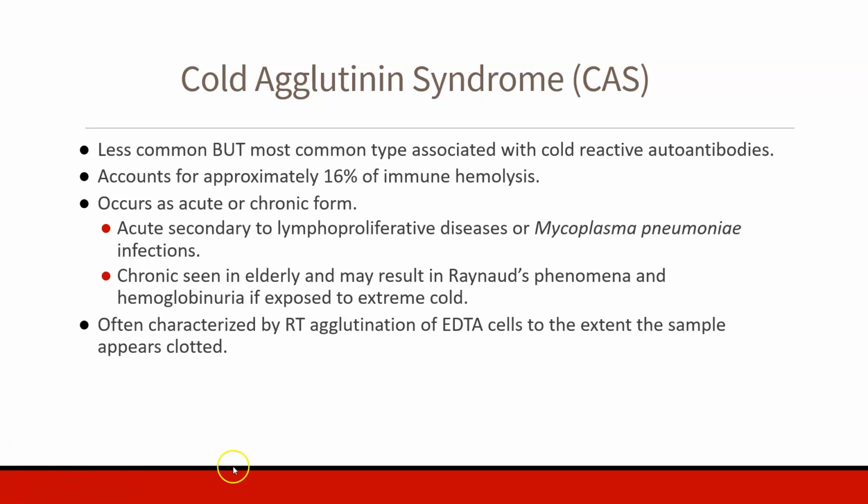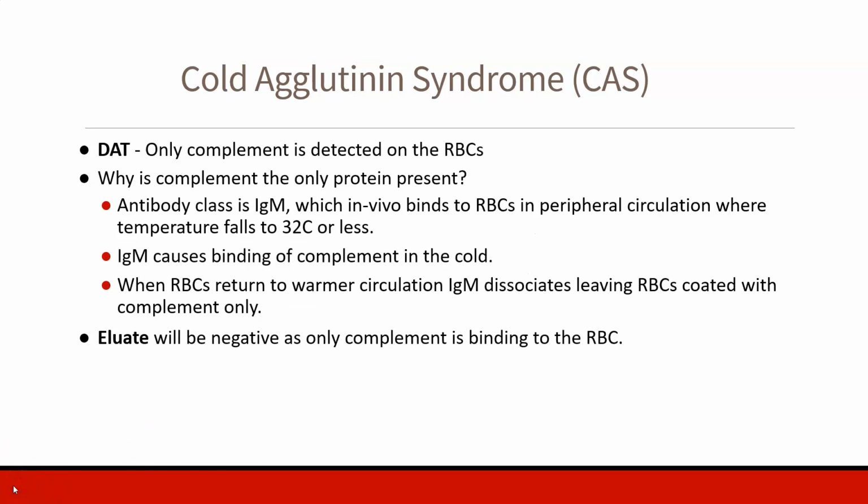In cold agglutinin syndrome, in the DAT only complement is detected on the red cells. And this is pretty cool. The reason that complement is the only protein present. So here we go. The antibody class of these cold agglutinins is IgM, which in vivo binds to the red cells in the peripheral circulation where the temperature falls to 32 degrees centigrade or less. IgM causes binding of complement in the cold.